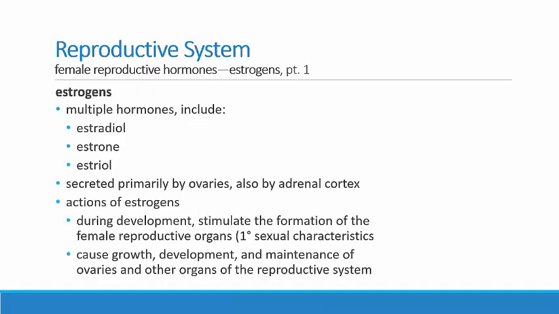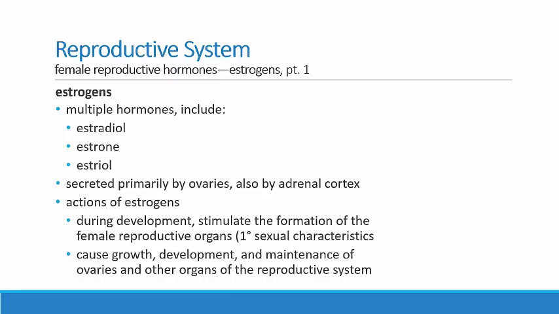Clearly estrogen is a very, very important female hormone, and it is produced in response to the FSH and LH that's being released by the anterior pituitary gland. So when we use that term estrogen, we're actually talking about more than one configuration of the hormone.